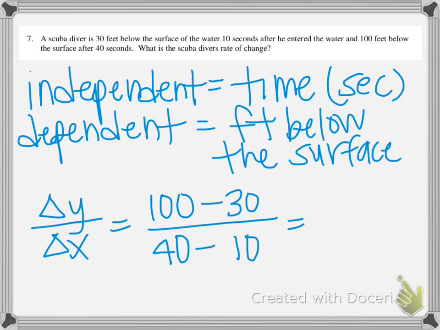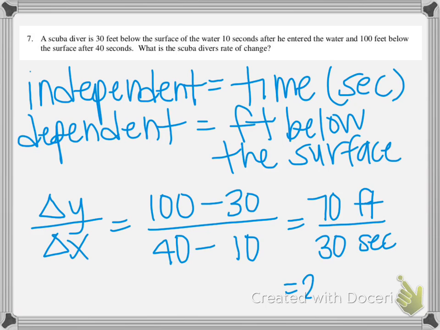So 100 minus 30 is 70 feet over 40 minus 10, which is 30 seconds. Once you divide and simplify that, you get about 2.3 feet per second.